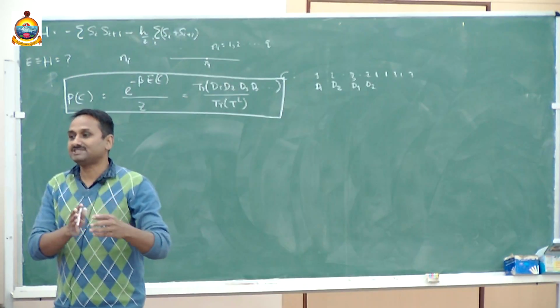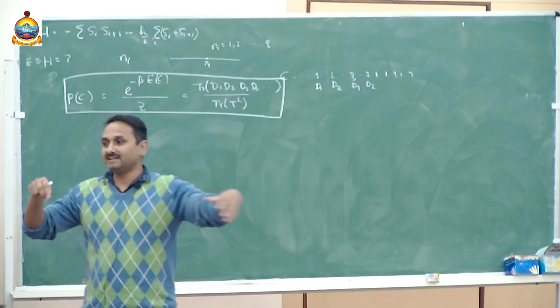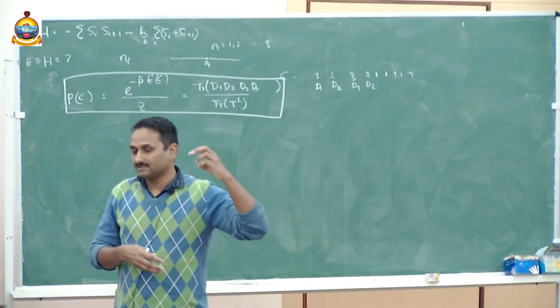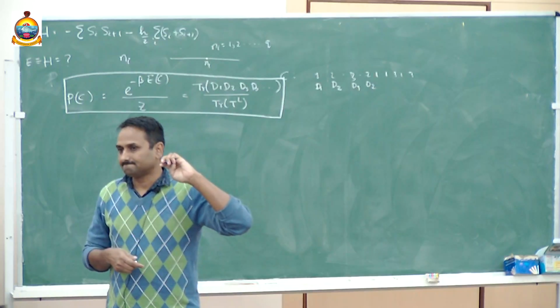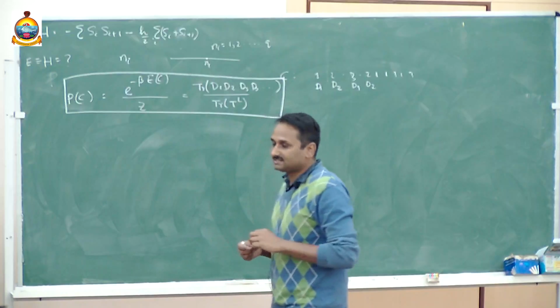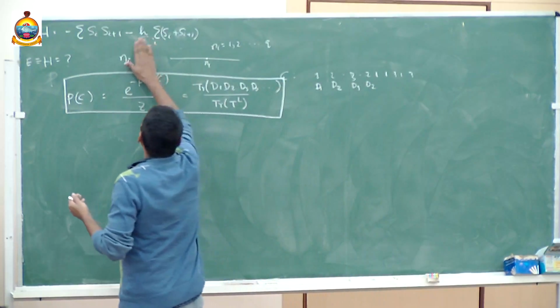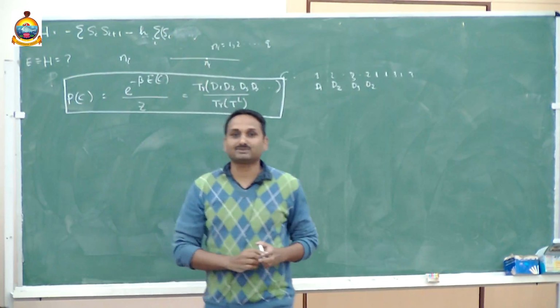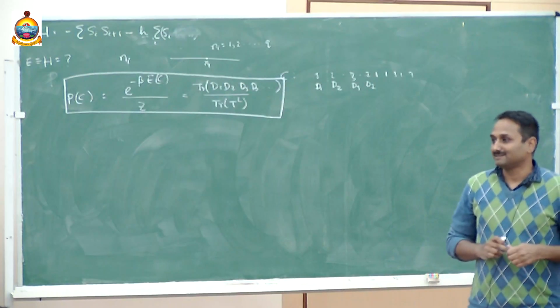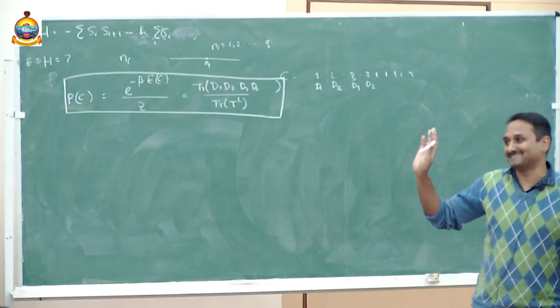Because summation over S_i is basically the sum of whatever we write in different sites, and the sum of S_{i+1} is also the same. Yes, true. Okay, it's okay. The same thing.